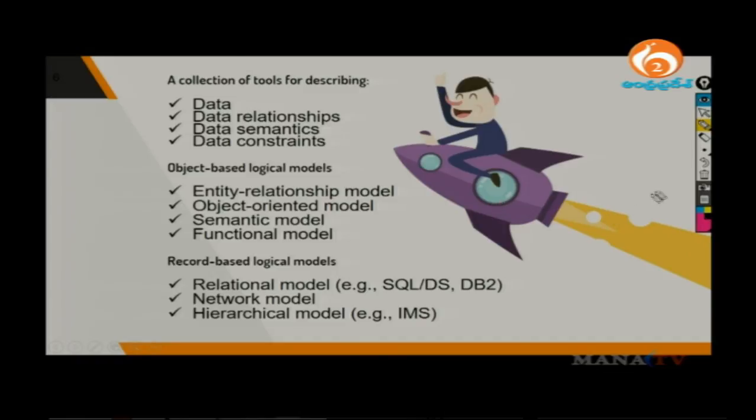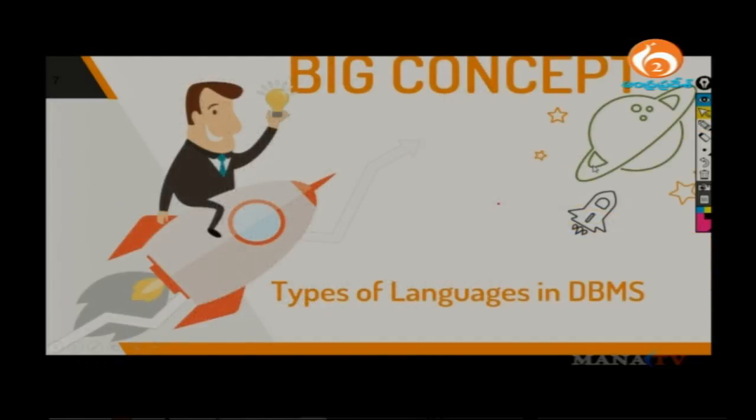To know and work with all of this, we require one more thing, called types of languages which we basically use in DBMS. Very important thing. DBMS is a system software, and the products we have discussed are SQL Server, Oracle, DB2.